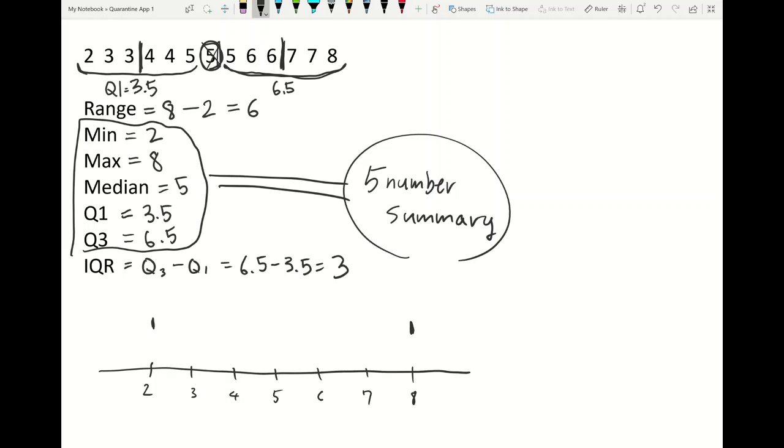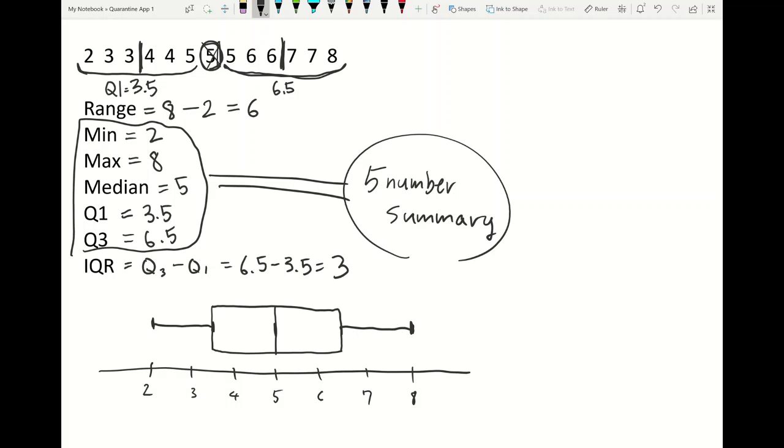Maximum is 8 right here. Median is 5. Q1 is 3.5, which is about right here. And Q3 is 6.5, about right here. Basically that's it. Those middle 3 markings indicate the box. And then we will grow the whiskers.